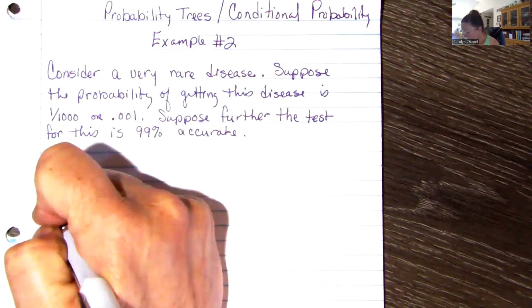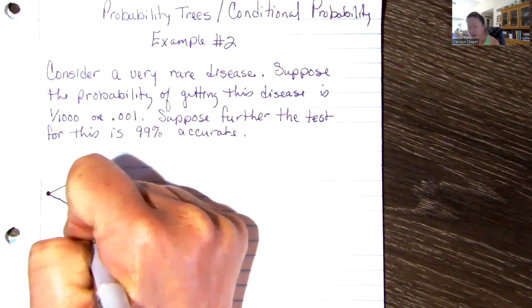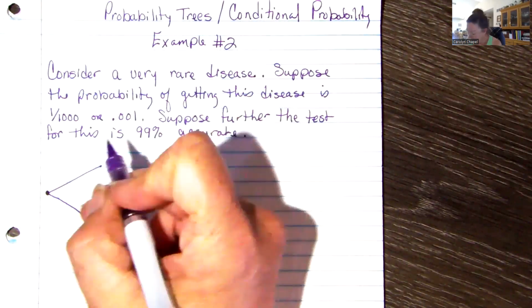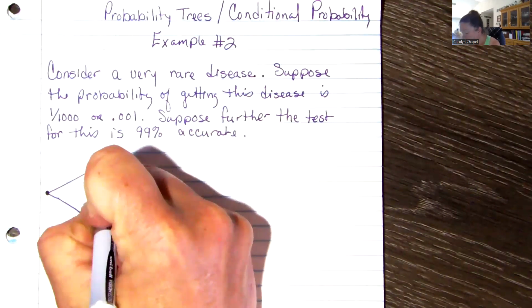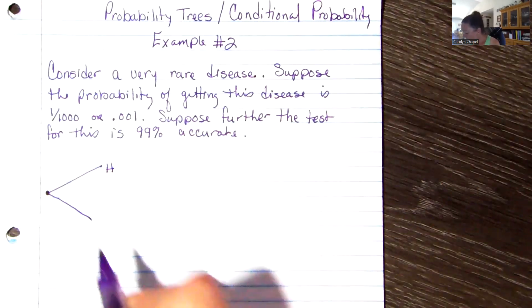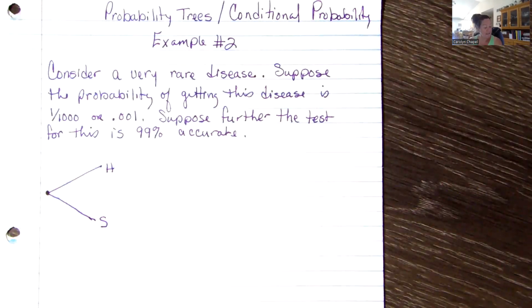Well, even when I'm walking in the door, there's two possibilities. Either I have this disease or I don't have this disease. So I'm going to use an H for healthy, for not having this disease, and I'm going to use an S for sick, meaning I have this disease.